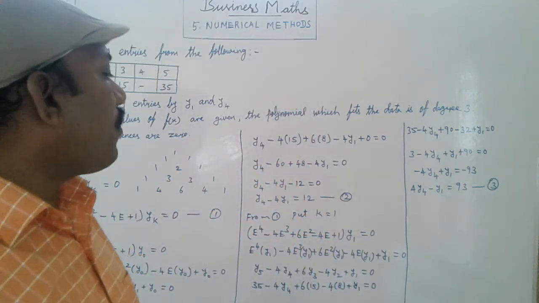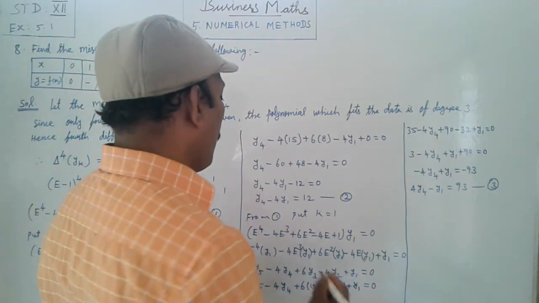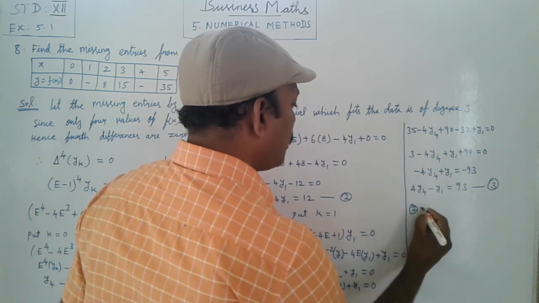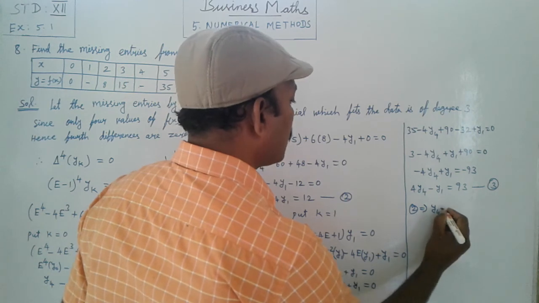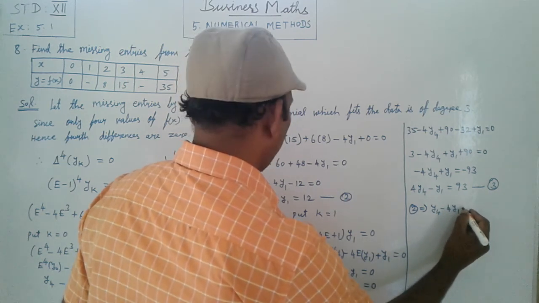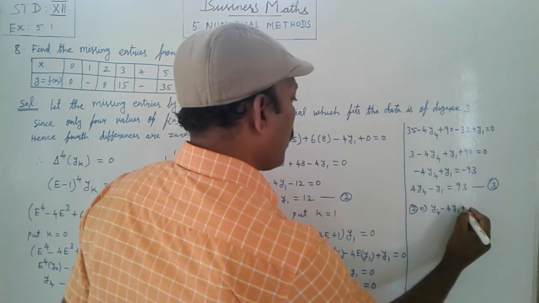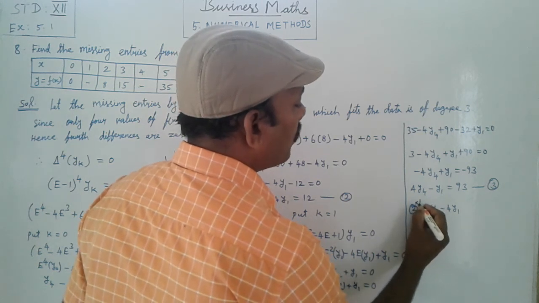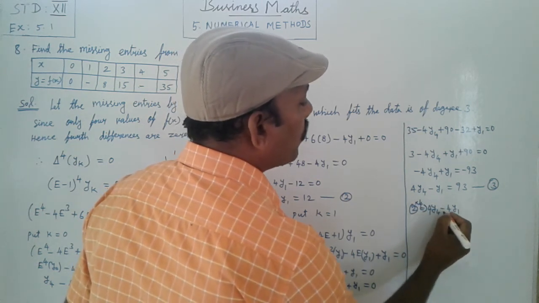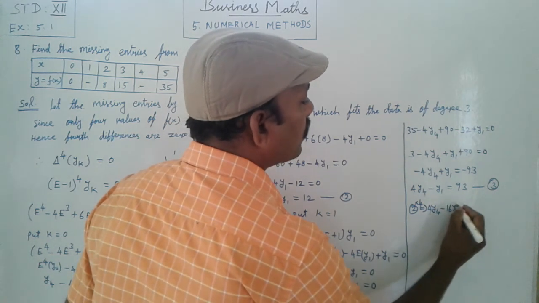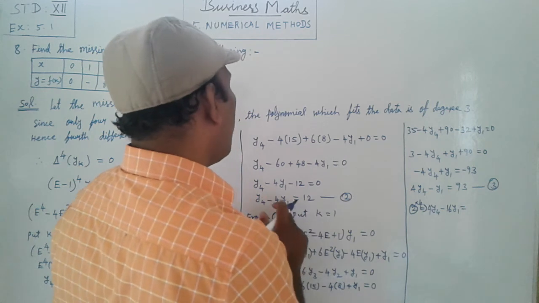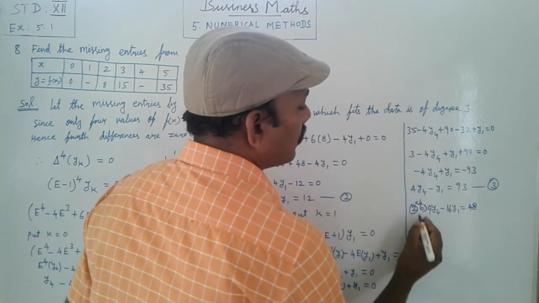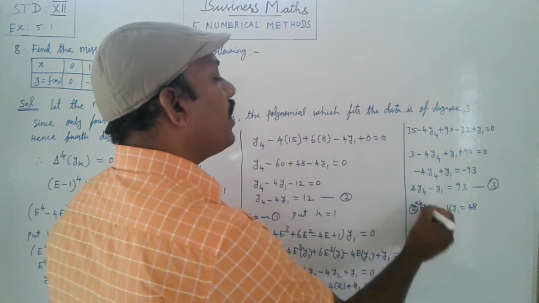Solve 2 and 3. We should find out y1 and y4 values. So the second equation, y4 minus 4y1, multiplied by 4: then 4y4 minus 16y1 equal to 12 4s are 48. Next we should eliminate y4.